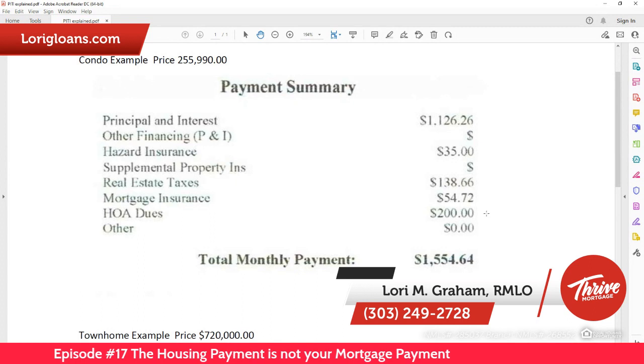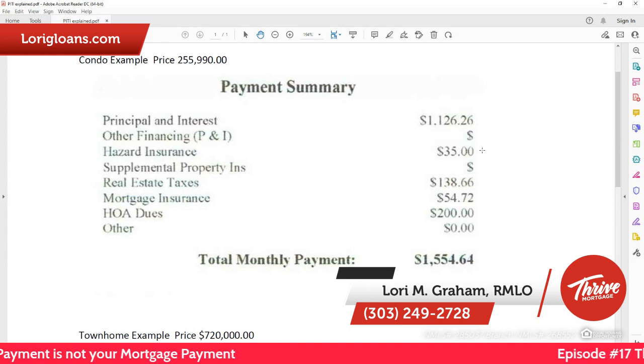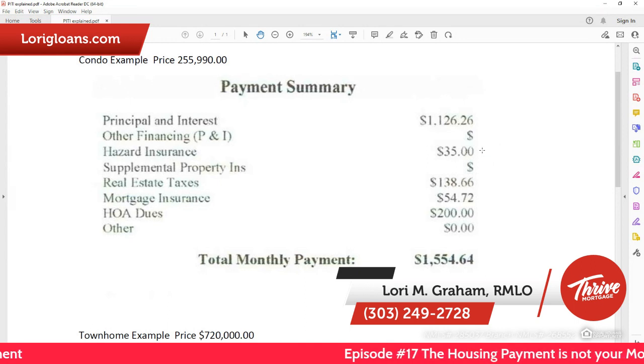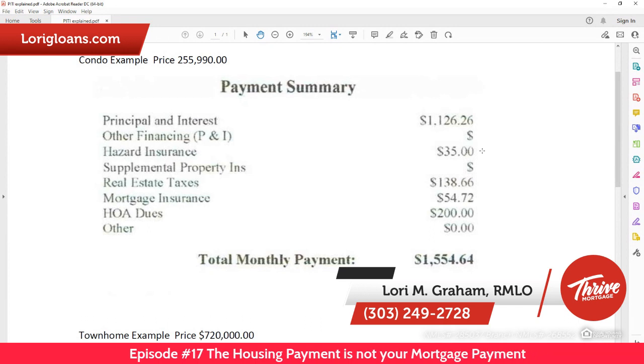She pays $200 monthly to that. So she is only responsible for replacement of things like the flooring, the cabinets, repainting the walls, and any appliances. That is a much more affordable policy than a full homeowner's insurance policy.